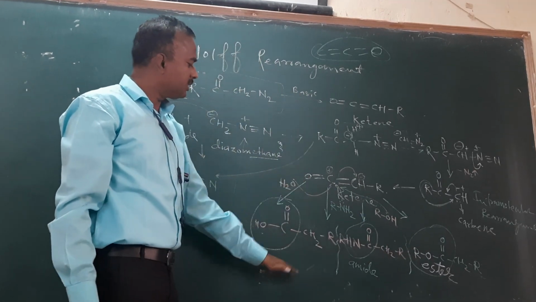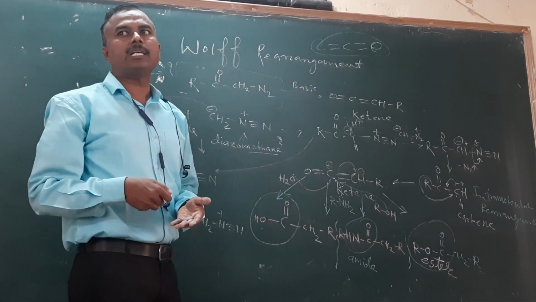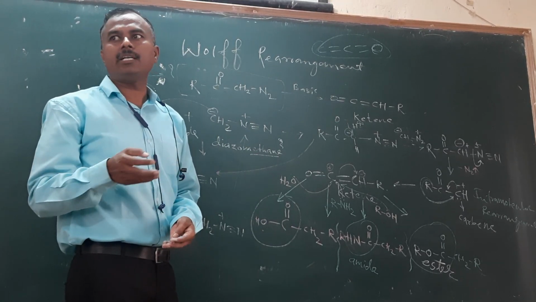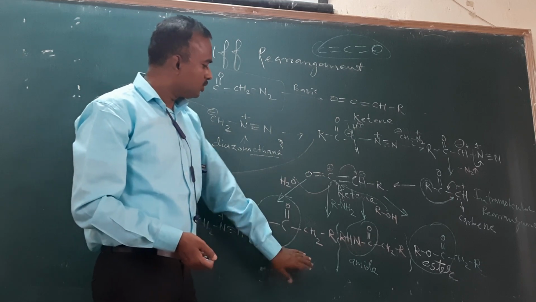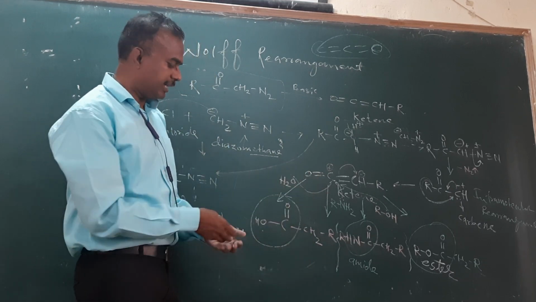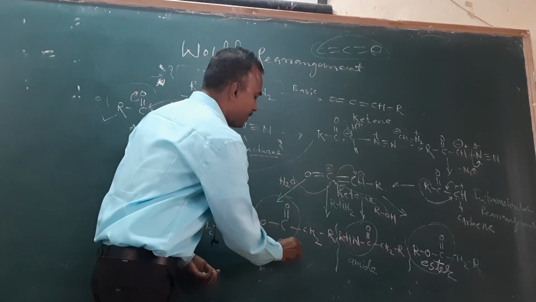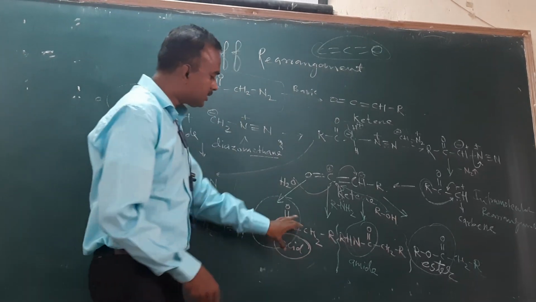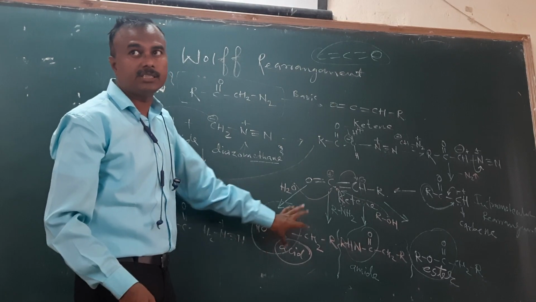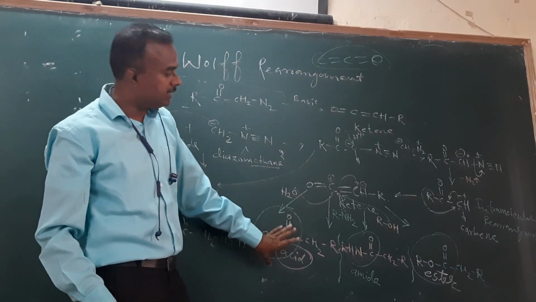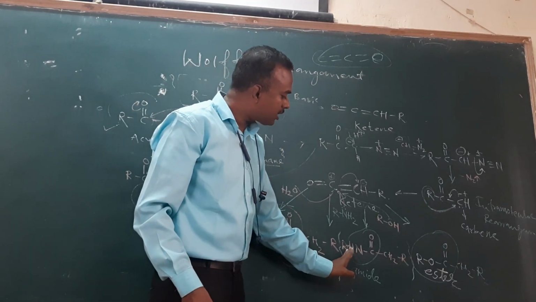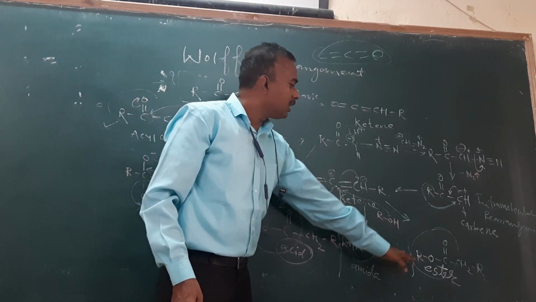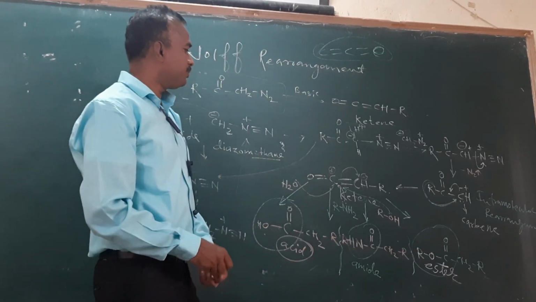So by doing such nucleophilic attack, it is your choice to choose any kind of nucleophile. So you will end up with the acid, because this carbonyl carbon and OH is the acid functionality. This RNHCO is the amide functionality, and this is the ester functionality.